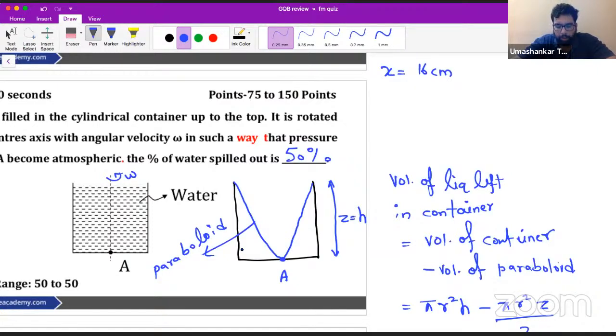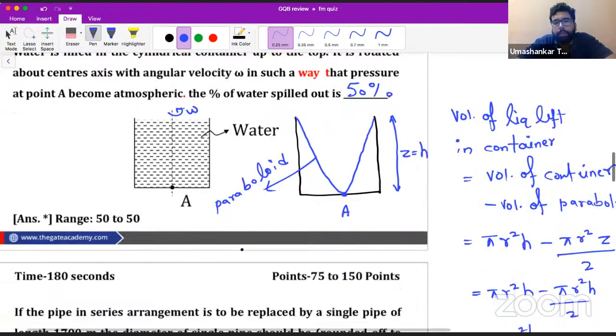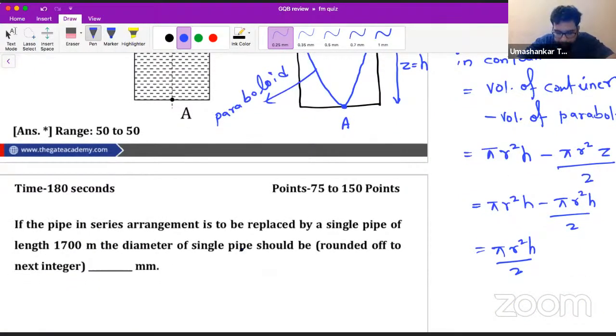If you remember, in the classes also we have seen a standard case when half of the water is spilled out. When half of the water is spilled out, the pressure at point A becomes atmospheric. I hope it is fine to you.